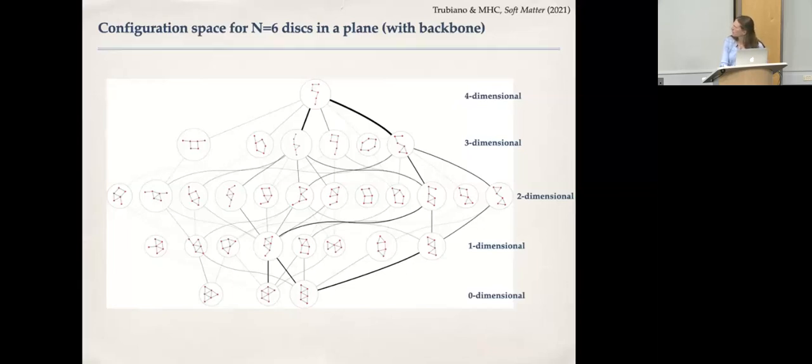And we can think of this one as a 7-dimensional manifold, because if we mod out by translations and rotations, there's 2 translational degrees of freedom and 1 rotational degree of freedom. And so each of these contact graphs, as you wiggle it around, it fills up a 3-dimensional manifold. Similarly, each of these ones will fill up a 2-dimensional manifold, and so on, down to these ones, which we can think of as just points, so 0-dimensional manifolds.